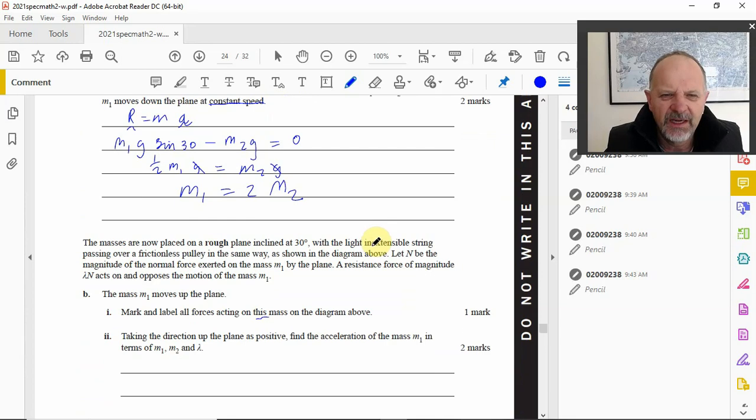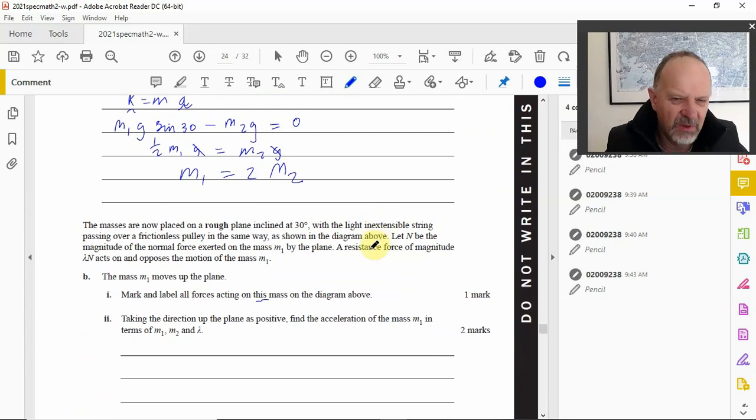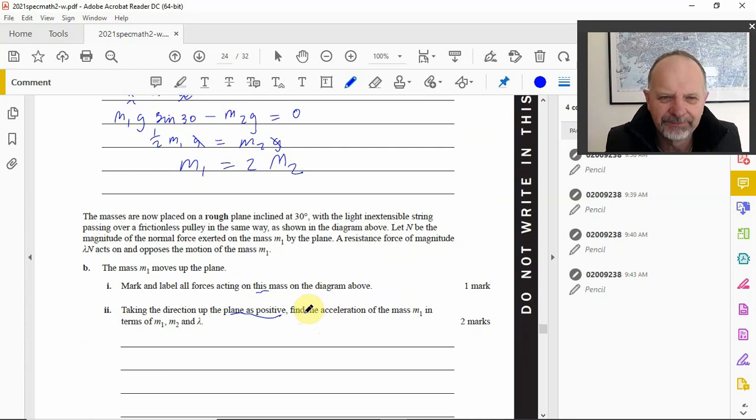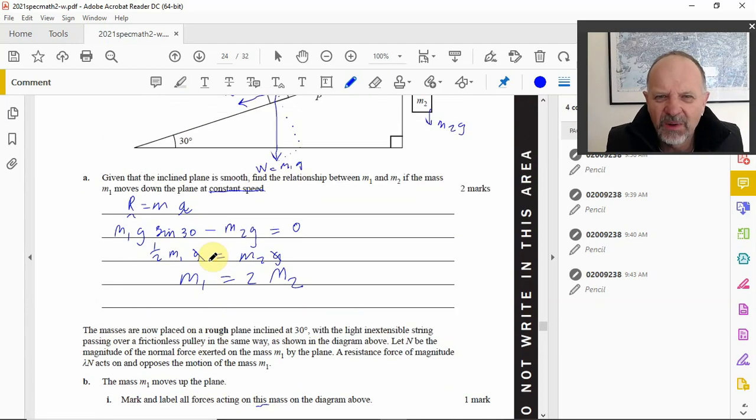All right, taking the direction up the plane as positive. Find the acceleration of mass 1 in terms of mass 1, mass 2, and gamma. Again, the resultant force is our mass times our acceleration, and up the plane is positive.